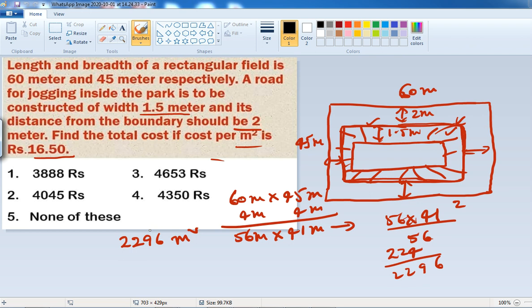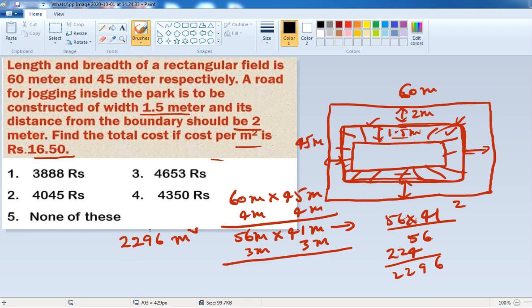So how could we get the area of the inner rectangle? Subtract 1.5 plus 1.5, which is 3 meters, from the length as well as the breadth. Now you will get 53 meters into 38 meters.